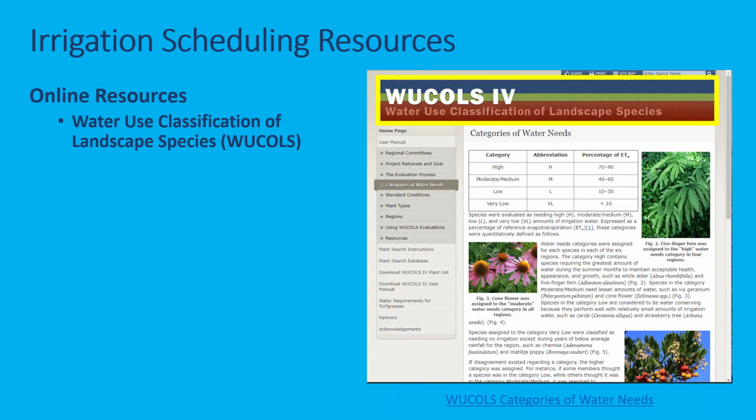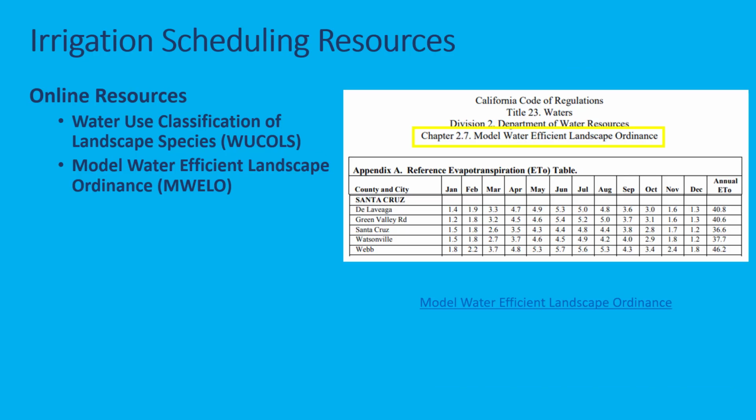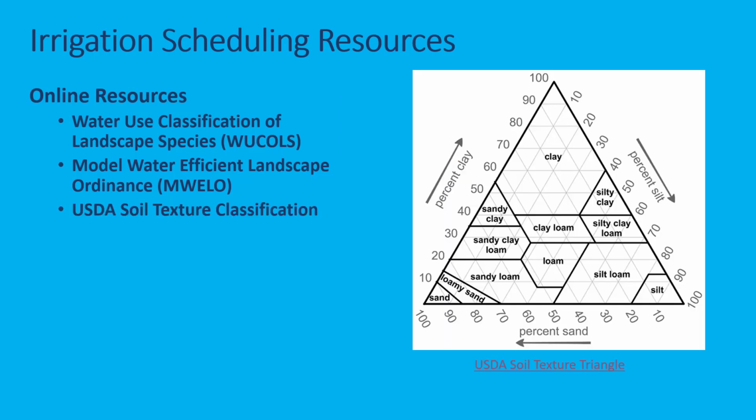Useful online resources include the Water Use Classification of Landscape Species, where you'll find information about plant water categories and different climate regions in California. The Model Water Efficient Landscape Ordinance is the California law that provides information about planning, designing, installing, and maintaining water-efficient landscapes and includes a reference evapotranspiration table with data for multiple regions in California.